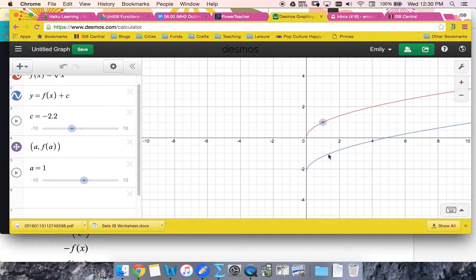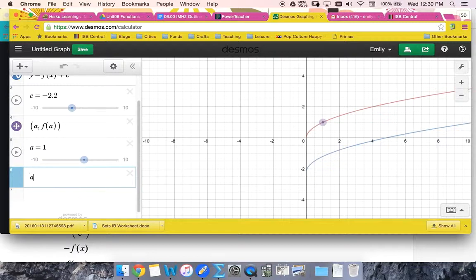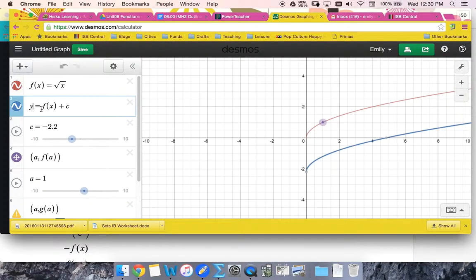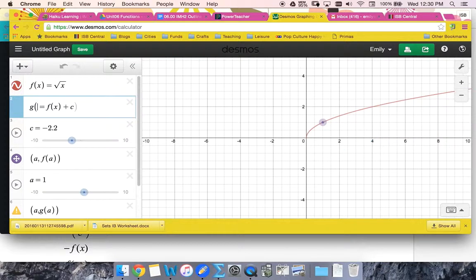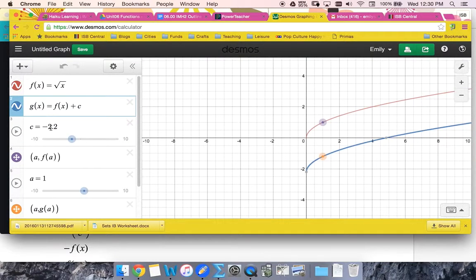Well, I would also have the corresponding point (a, g of a), and let's come back up, and instead of calling this one y, we'll call it g of x. So now I can look at what's happening to my specific point. As my c value changes, the x value for my point is staying the same, but the y value is changing.